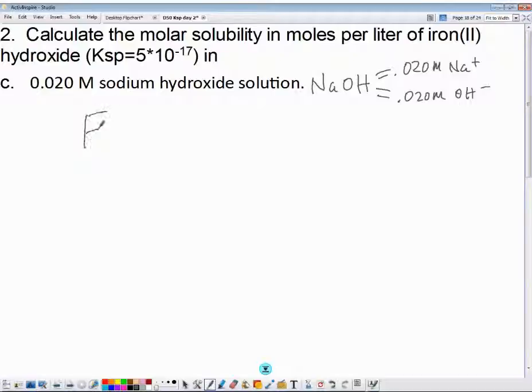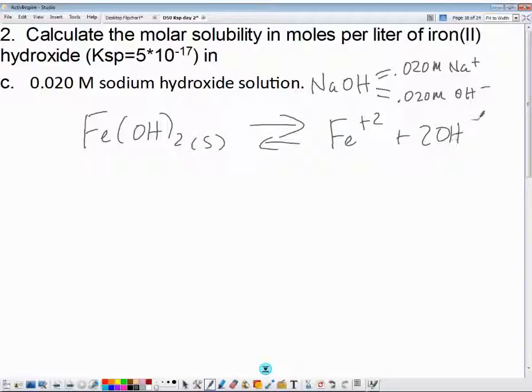All right, so FeOH taken twice. Solid is trying to dissolve, but there's a common ion present. 0.02 molar. No iron this time, but hydroxide this time. I still write down Z. I'm still trying to get some of it to dissolve.